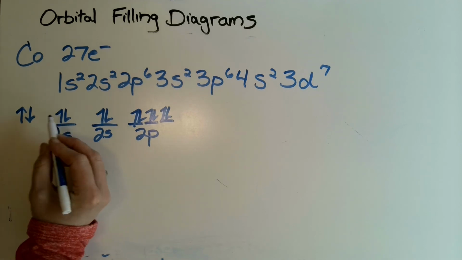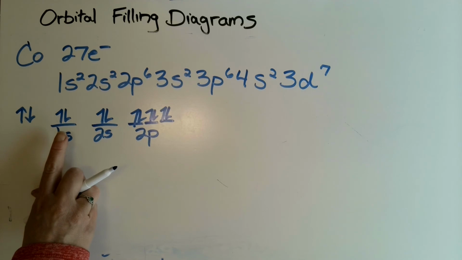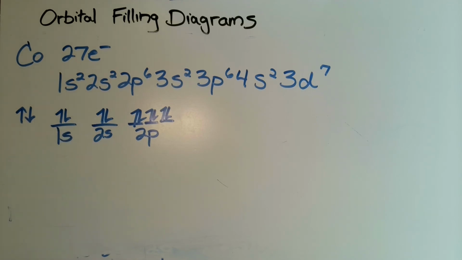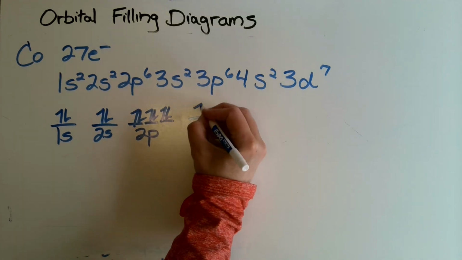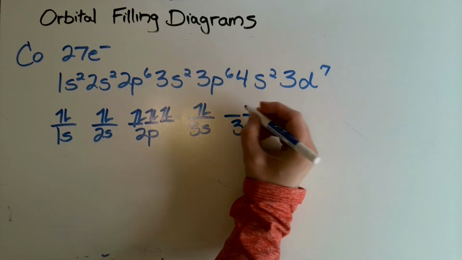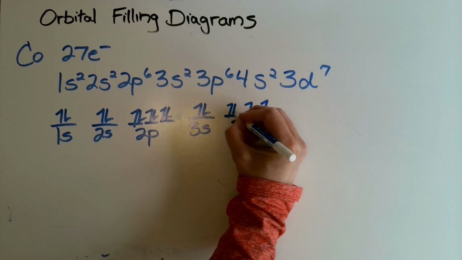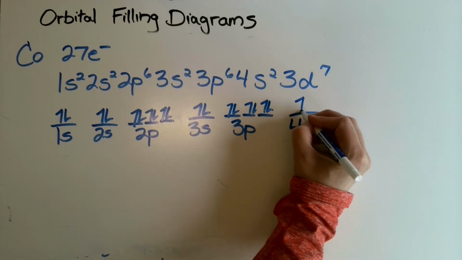It's just a little bit quicker not to do both sides of the tip of the arrow, so sometimes I just write them like this. But writing them like this is perfectly fine too. And then I go to my 3s and I show my 2 electrons. I move to my 3p and I show my 6 electrons. I move to my 4s and I show my 2 electrons.